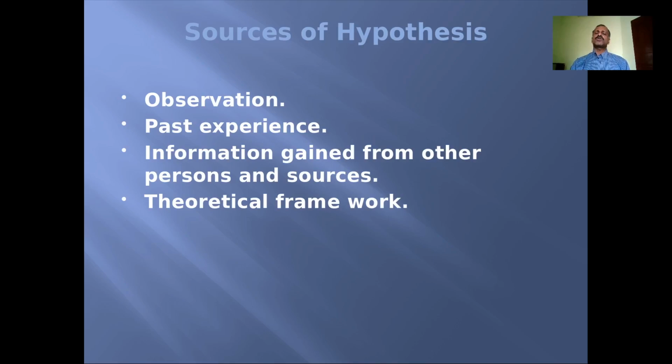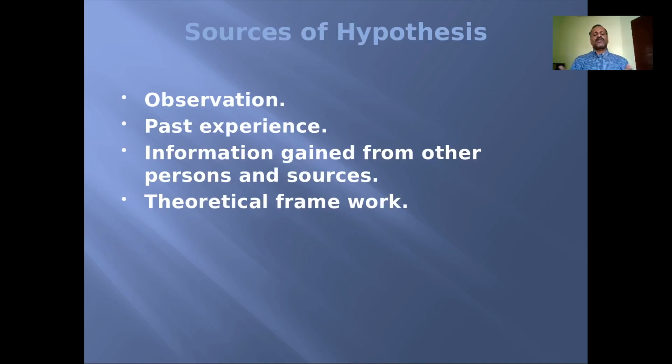Then what are the important sources of hypothesis? How can we formulate hypothesis? We can formulate hypothesis based on our observations. The researcher needs a lot of observations, and past experience is needed. Then information gained from other persons and sources like reading literature, advice from experienced persons like the research guide, etc., is needed for formulating hypothesis.